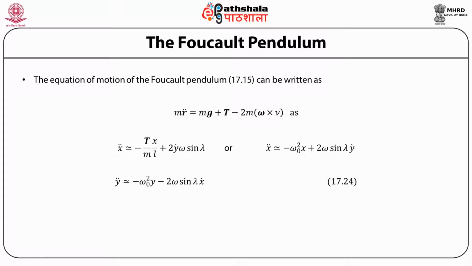The corresponding equation in the y coordinate is y double dot is equal to minus omega naught square y minus 2 omega sine lambda x dot, where omega naught is the square root of T by ml.